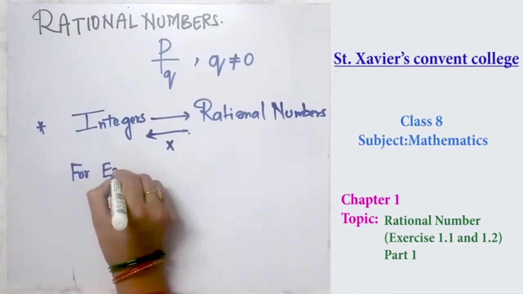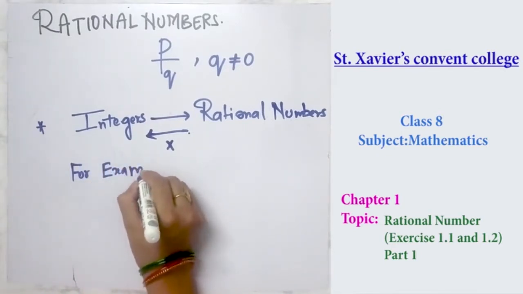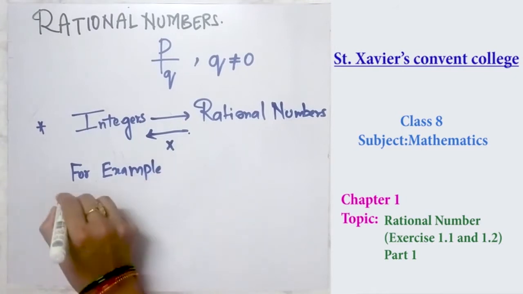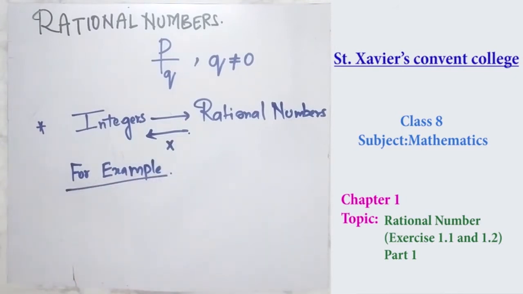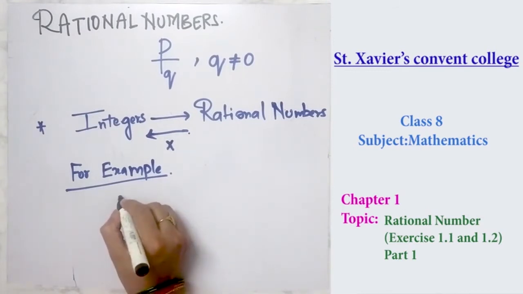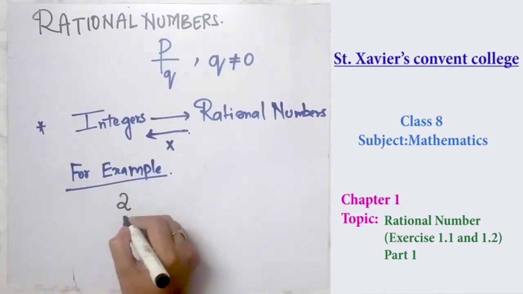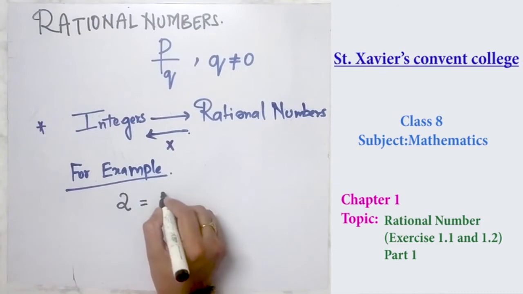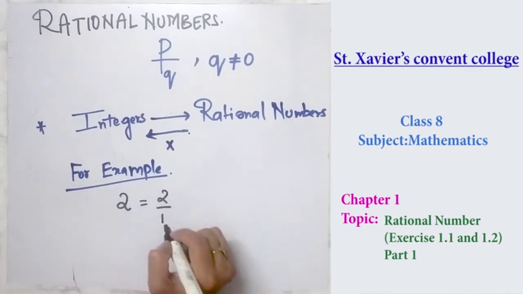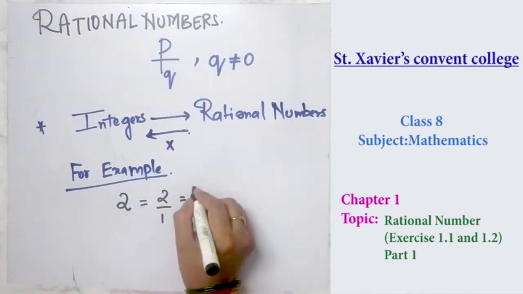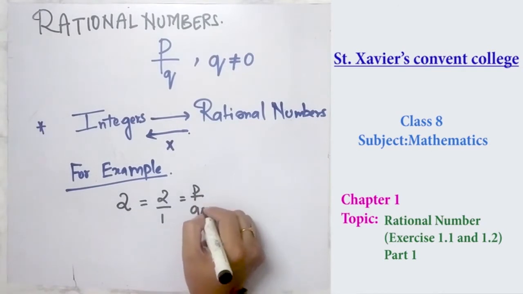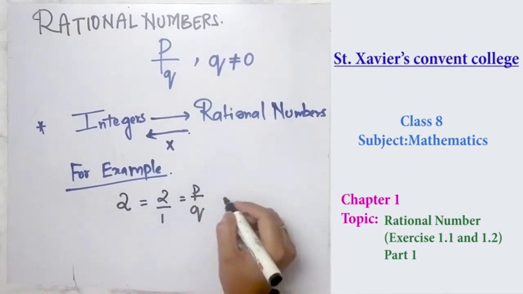For example, we have taken the number 2. 2 can be written as 2 upon 1. This is your P and this is your Q, which is not equal to 0.